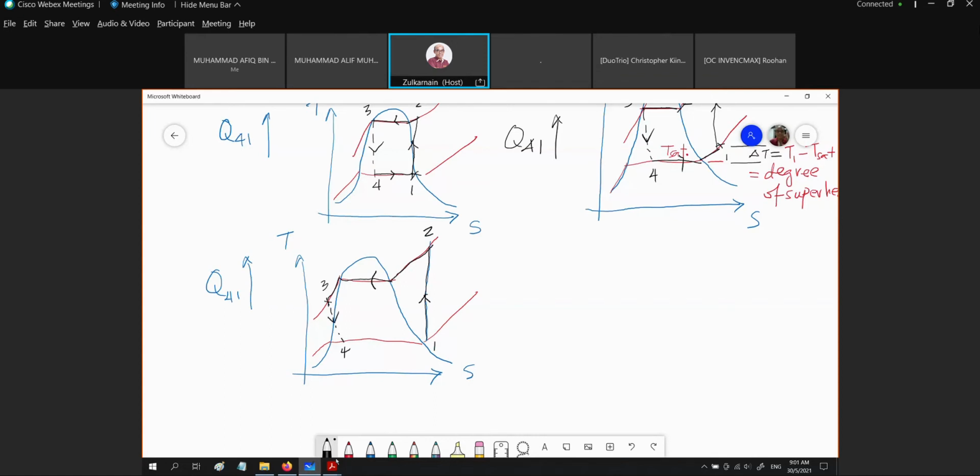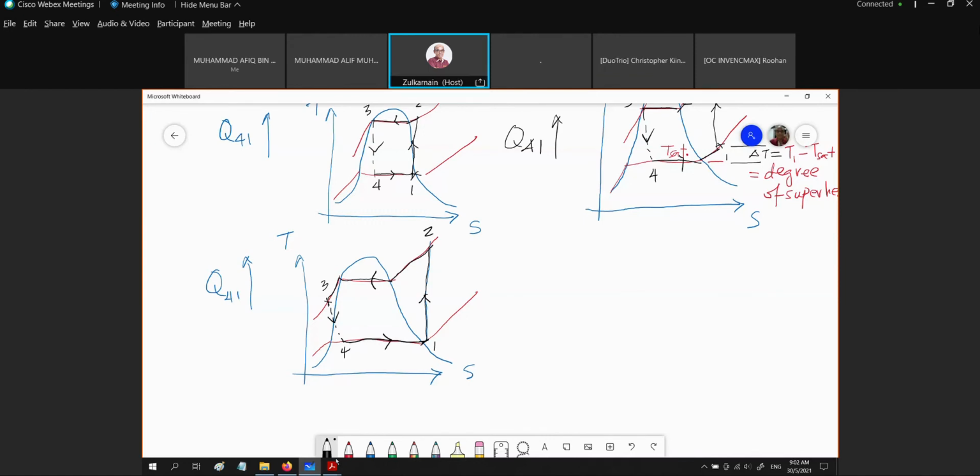Then we have the evaporation process, which is going to give our cooling effect. You see now we have increased the Q for 1 even further, by moving the state of 3 towards the compressed liquid region.